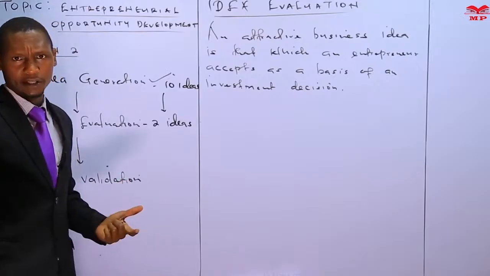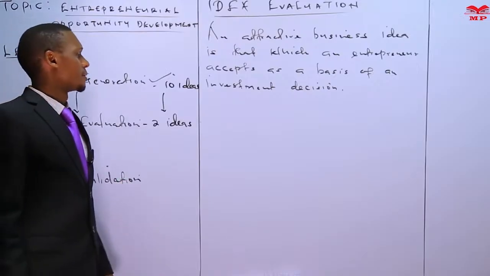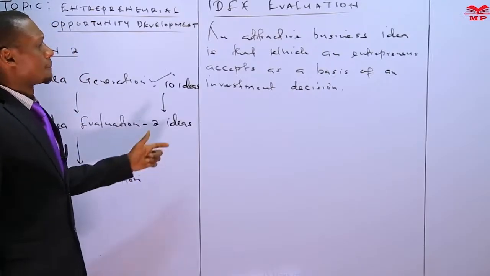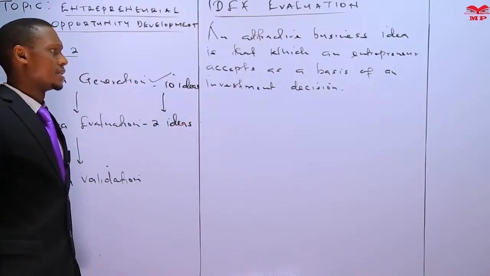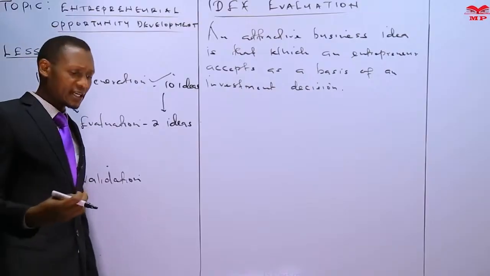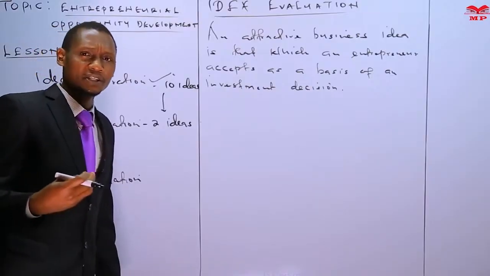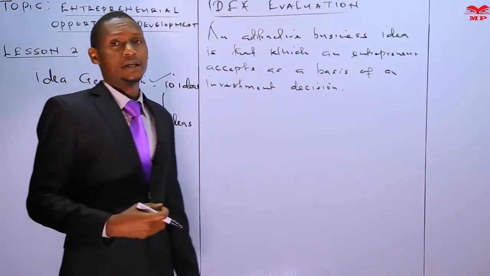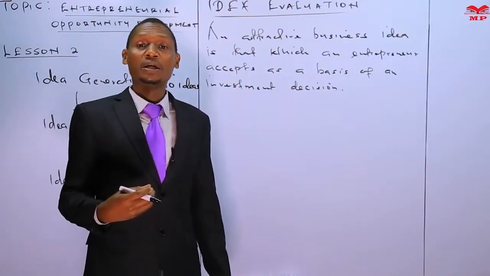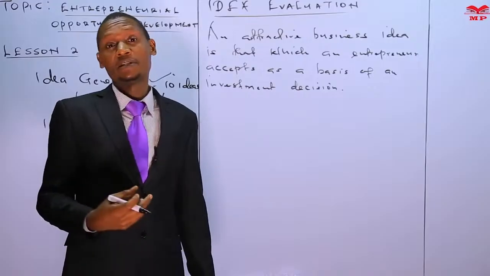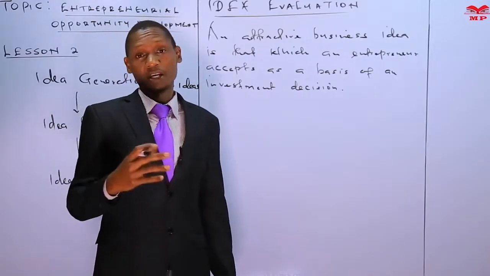That is why we're calling them good ideas. Then the entrepreneur here is seeking those ideas which are within his or her reach, and which they will implement with ease and without struggling.